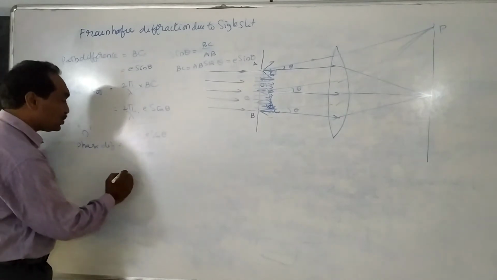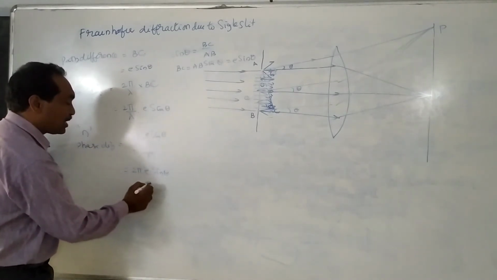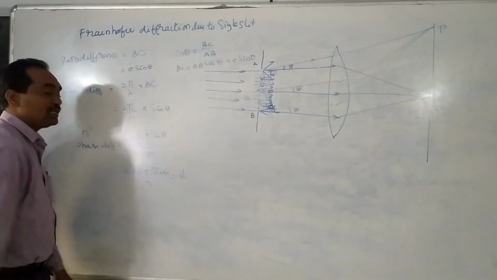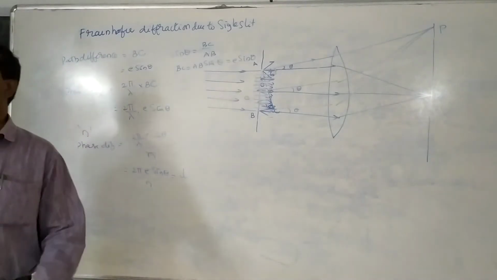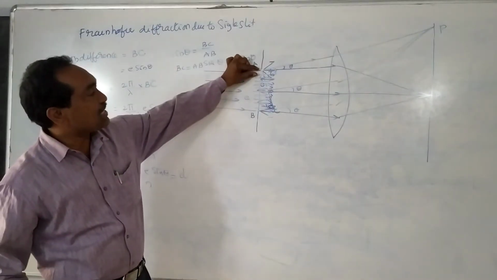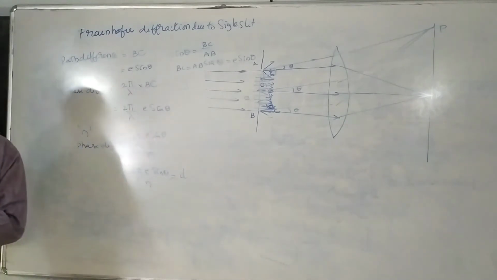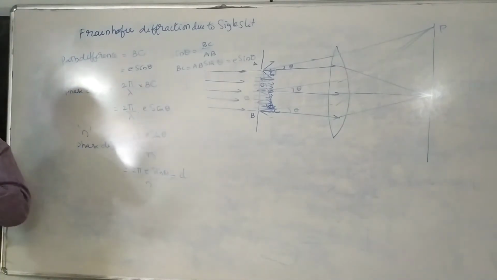That is equal to 2 pi e sin theta by n lambda. Of course, that is taken as small d, where small d is the phase difference between two consecutive rays passing through the single slit. Now, what is the resultant intensity?